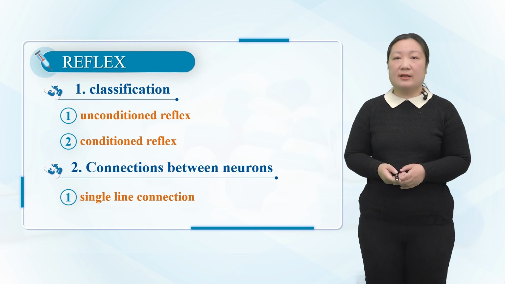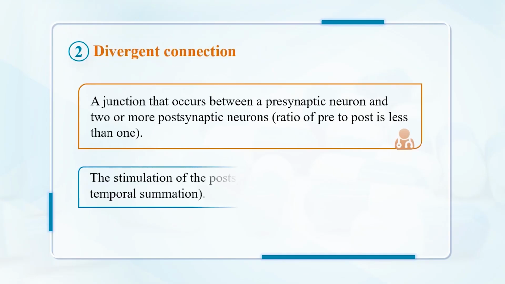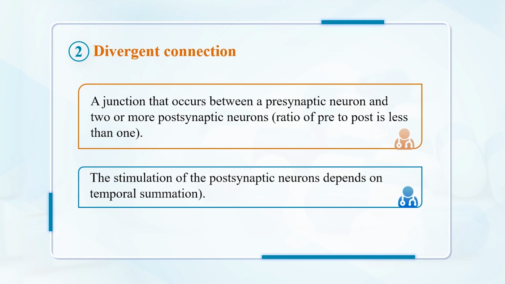Conditioned reflex is a higher regulation function of the brain, which improves the ability of animals and humans to adapt to the environment. According to the different structural foundations, connections between neurons can be divided into three types: single-line connection, divergent connection, and convergent connection.